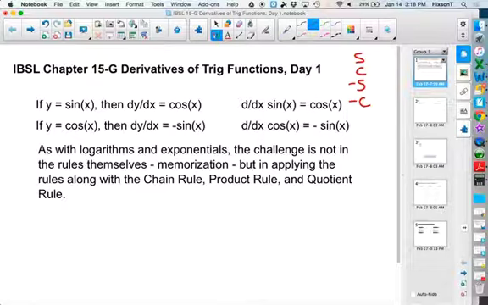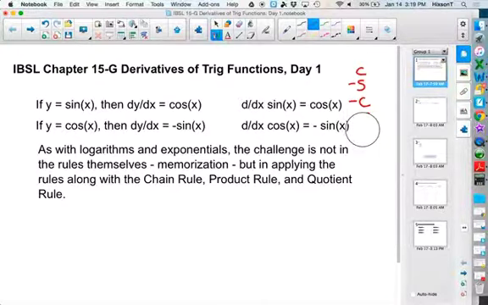It's easier to remember. Either way, you'll get the cycle here.